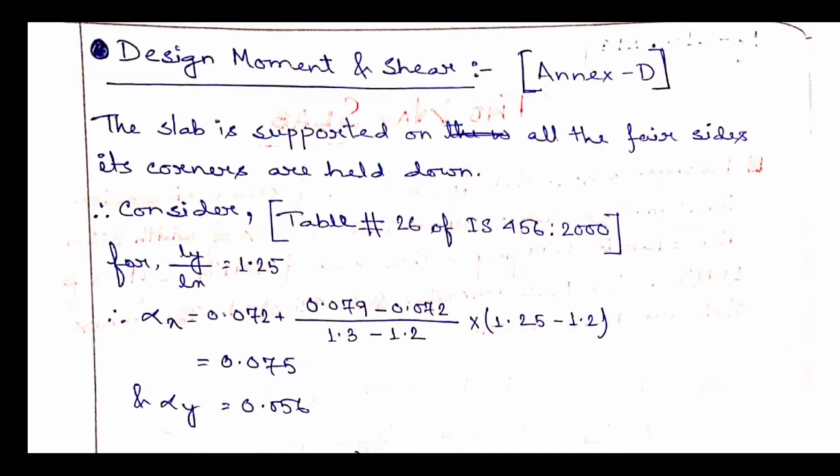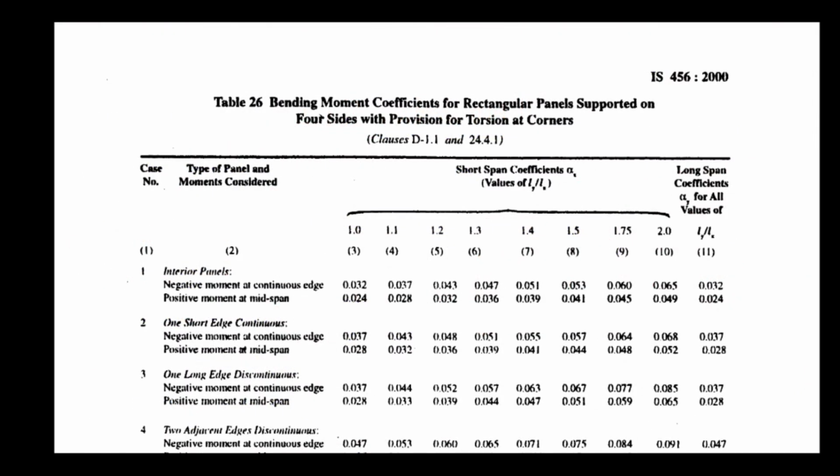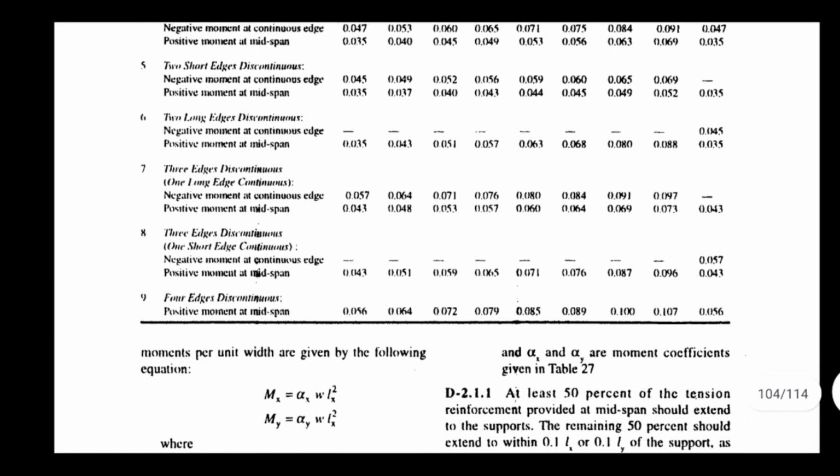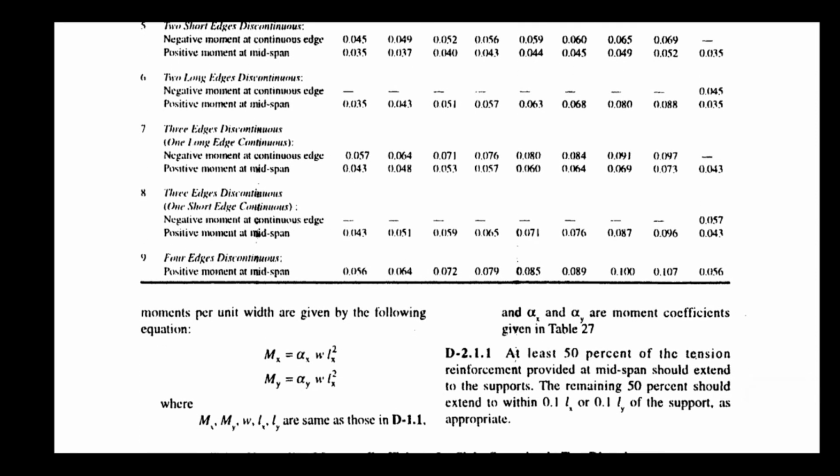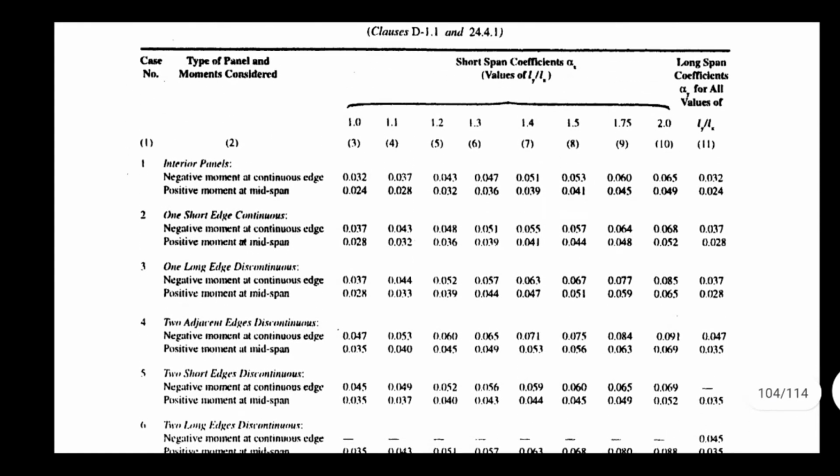So let's check first from table number 26. Now look at table number 26, the support condition is number 9, 4 edge discontinuous. So our value for Ly by Lx is 1.25. Now look, 1.25 is not given in this table, but 1, 1.1, 1.2, 1.3, 1.4 these are given. So 1.25 lies between 1.2 and 1.3, that is column number 5 and 6.